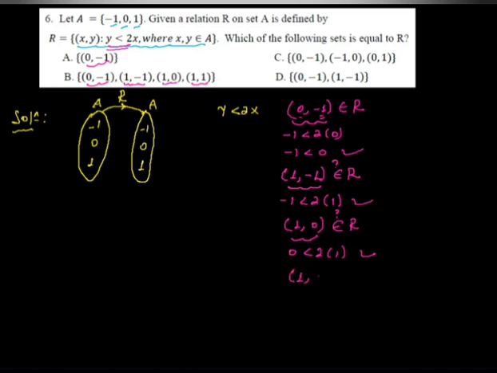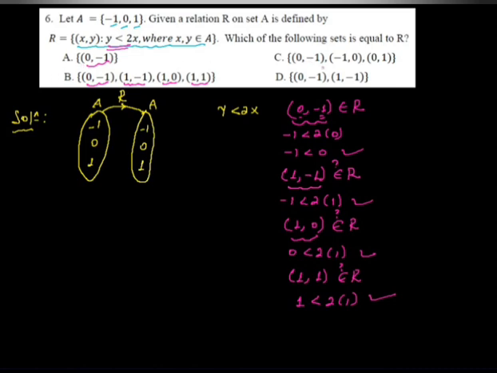Is it a member of R or not? So y is less than 2 times x. Still 1 is less than 2. This is also true. So B can also describe R, it can be an optional answer. B can describe the relation R.